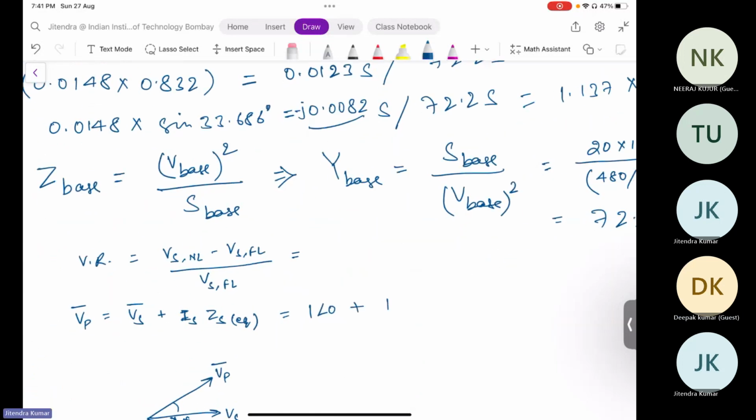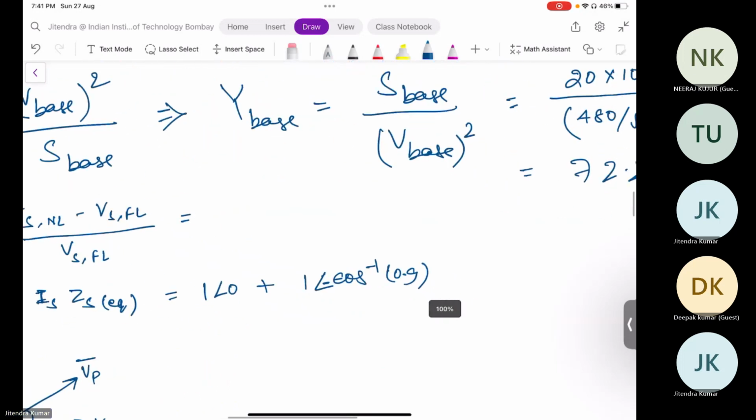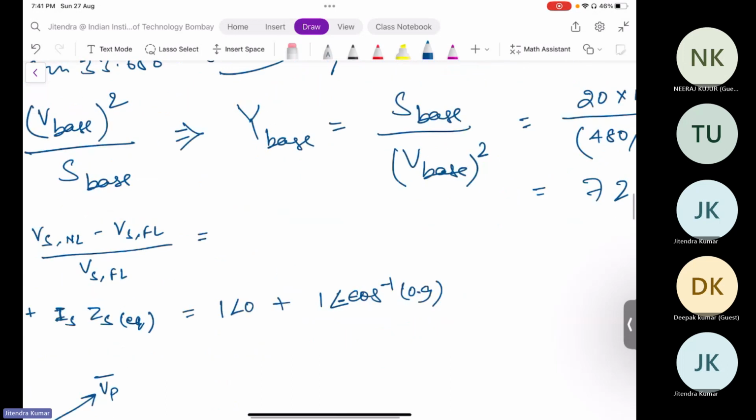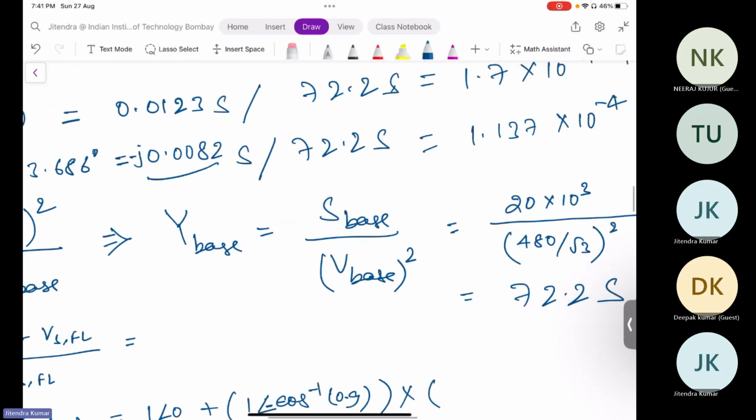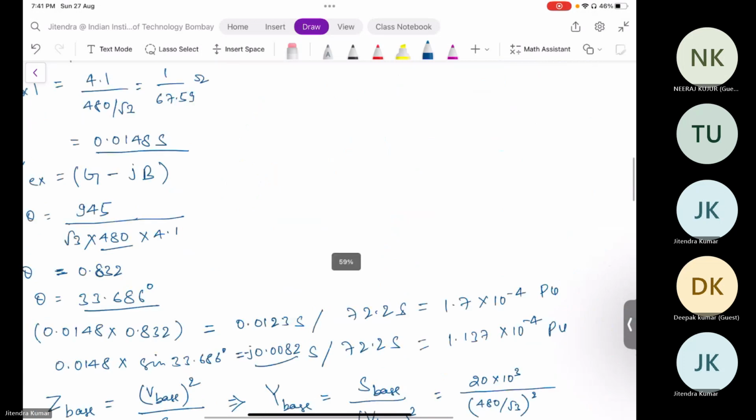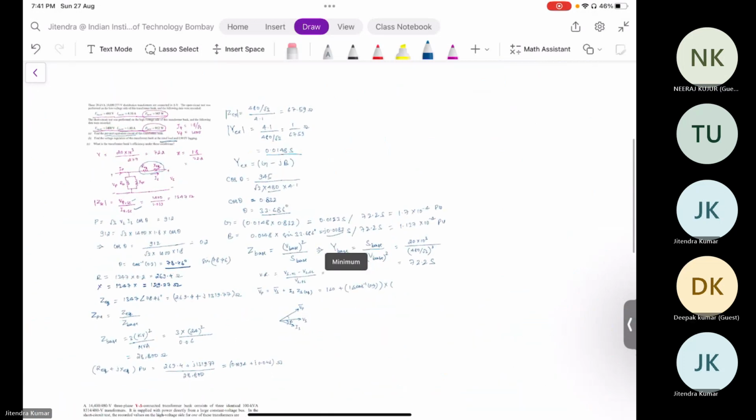So I is 1, and the angle will be cos inverse 0.9, with a minus sign because it is lagging, into ZS equivalent. ZS equivalent we have already computed in per unit. How much is it?